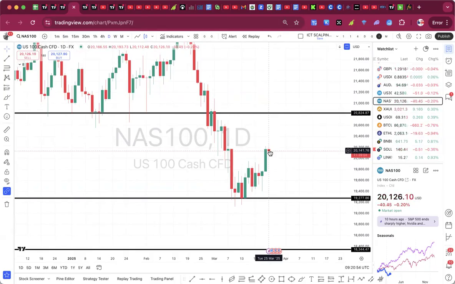So it opened at 2166 and went to a high of 2193. Low, that's the present price, it is right now. Okay, we have the low.